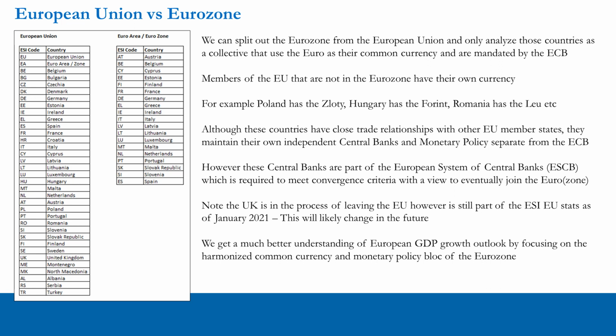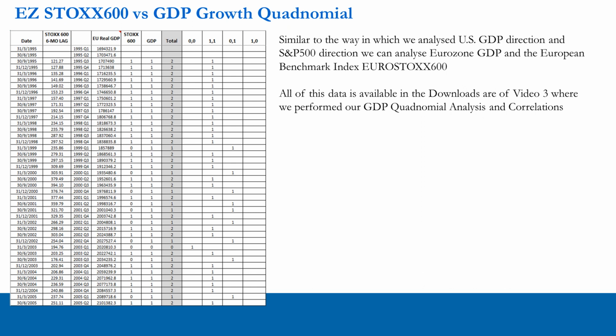Now, let's get into the data of the Eurozone and have a look at the Eurozone Stoxx 600, the European benchmark index, versus Eurozone GDP growth. If you go to the downloads area of video number 3, I mentioned earlier the sheet Global GDP. If you download that and scan the sheets at the bottom of the file, you'll see sheets that relate to the Eurozone and the Eurozone Stoxx 600 versus GDP growth.